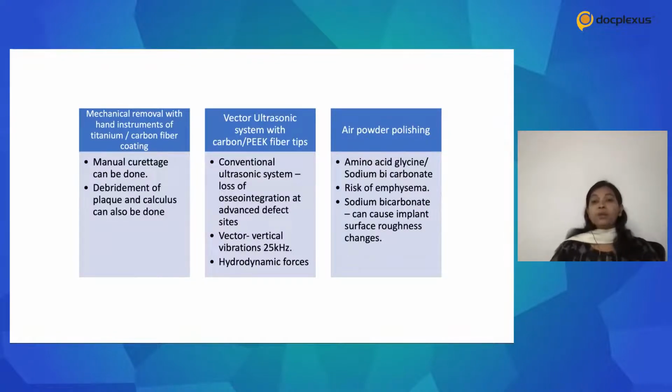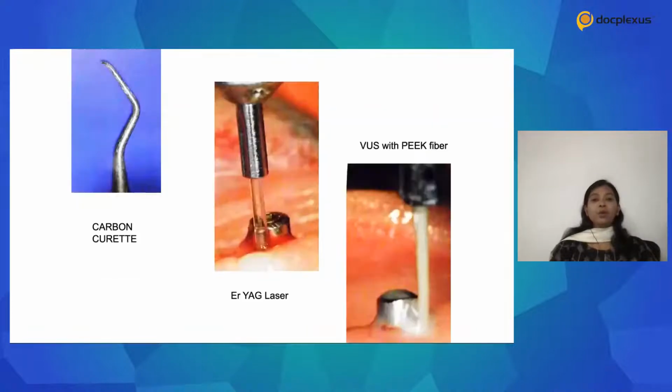It uses amino acid glycine and also sodium bicarbonate. The risk of emphysema is more when you use air powder polishing. Also, the sodium bicarbonate will lead to certain indentations on the implant surface, and it will increase the surface roughness. So these are some of the mechanical ways to treat your peri-implantitis using non-surgical therapy.